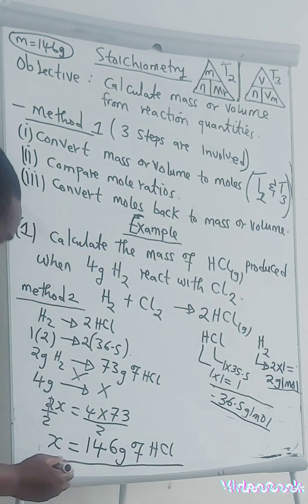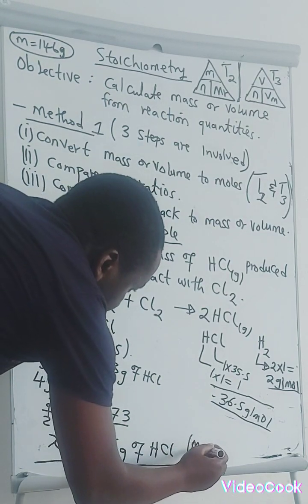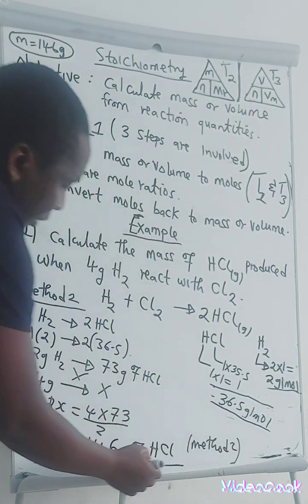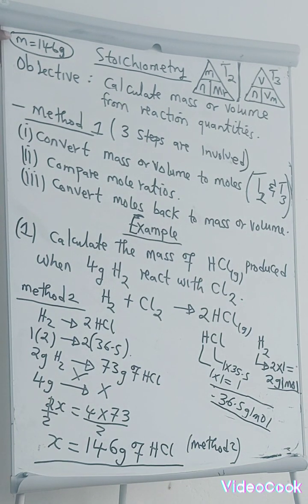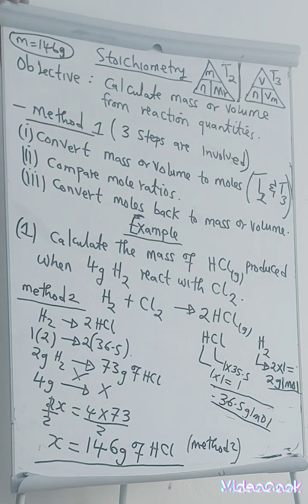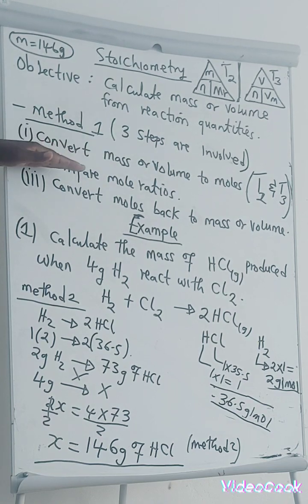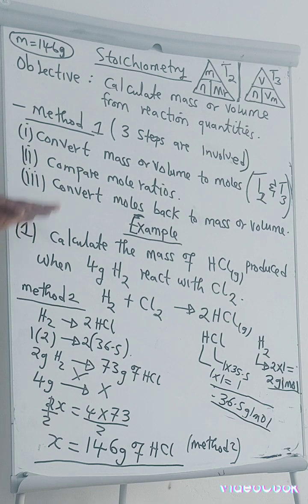So this has been method 2. The answer is 146 grams, and method 1 also gave us 146 grams. Whichever method, in method 1 we first convert the mass to moles, then compare the mole ratios, then convert moles back to mass or volume. Both require you to balance the equation.